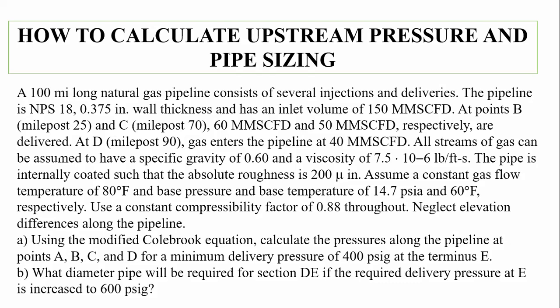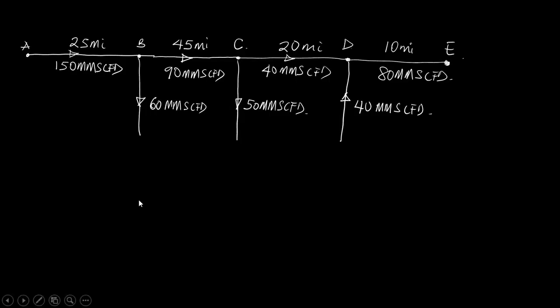We are also given the specific gravity of 0.6 and the viscosity of 7.5 times 10 raised to power minus 6. So now let's write down.